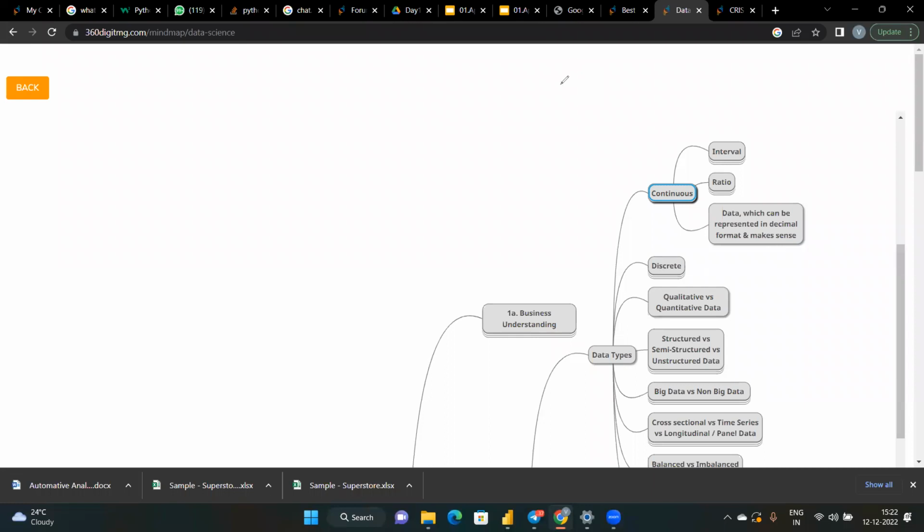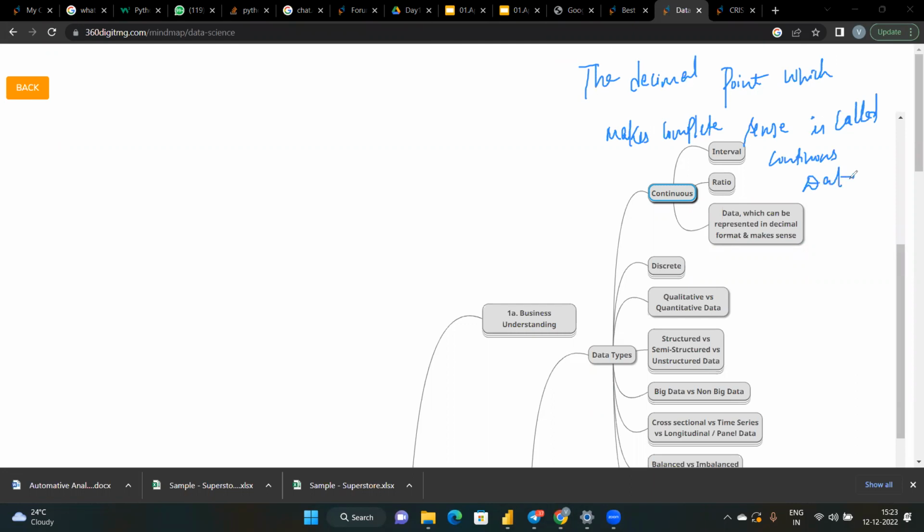Let me say the number which makes complete sense is called continuous data.